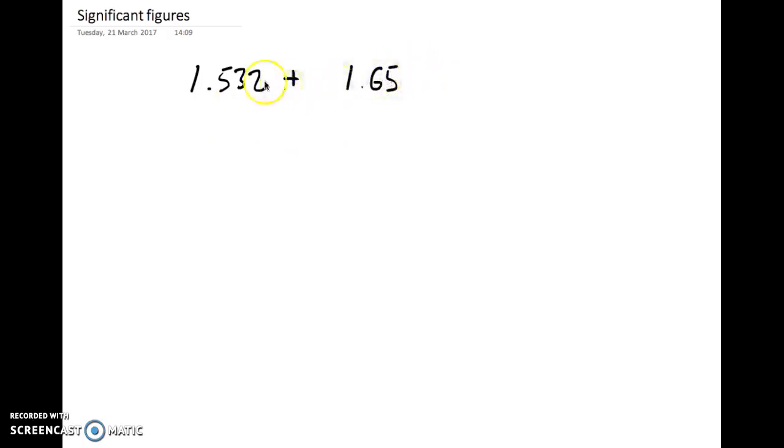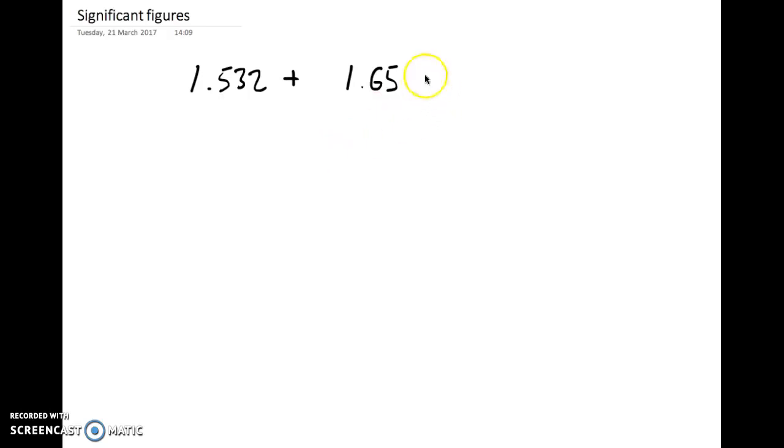In this case, significant figures are less important than precision. This has a precision of, so this is measured to thousandths, that's the 10th place, that's the 100th place, and that's the 1,000th. So this is measured to a precision of thousandths, and this is measured to a precision of hundredths.